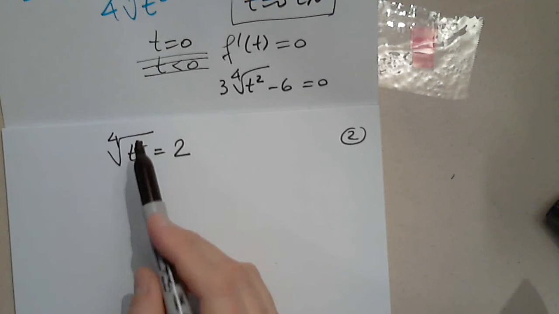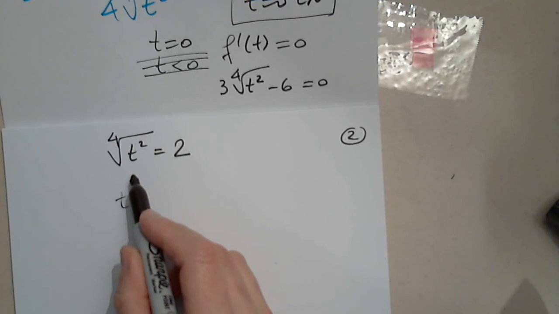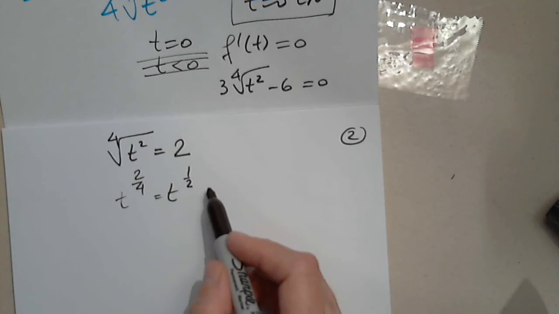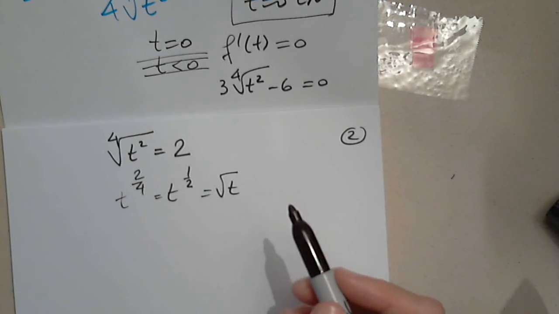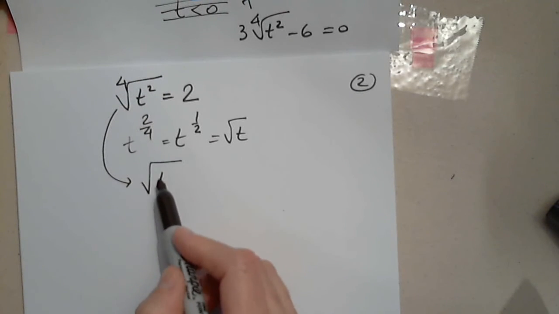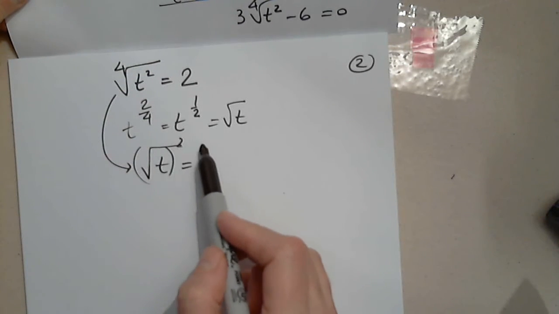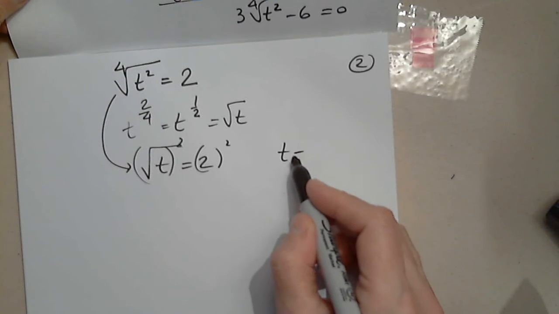The fourth root of t squared is the same as t to 2 over 4, which is t to 1 over 2, which is the square root of t. Since this equation is identical with this equation, I would rather solve this and square. So then t equals 4.